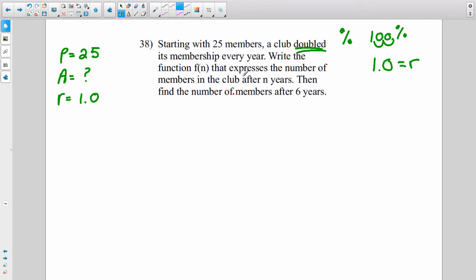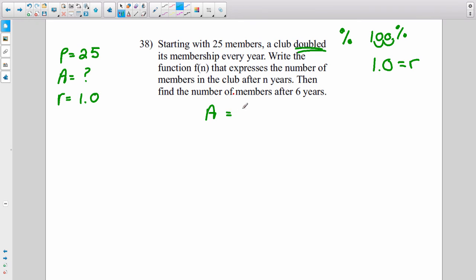Write the function that expresses the number of members in the club after some amount of years that they're calling N. Usually we use T, right? So they're using N, no big deal. Then find the number of members after 6 years. Okay, so there's no compounding. It doesn't say continuous. It's just a very simple annual formula, which looks like this.